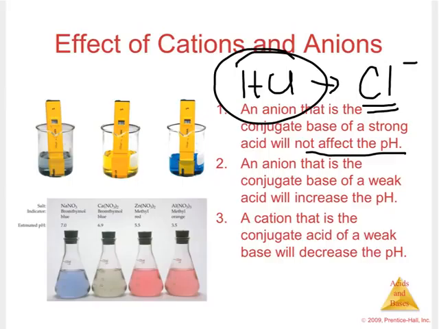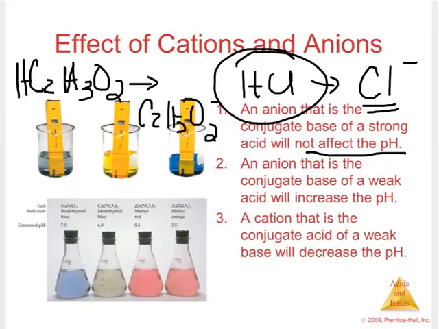The second rule is that an anion that is the conjugate base of a weak acid will affect the pH by increasing it. So let's see, conjugate base of a weak acid. Weak acid, how about acetic acid, whose conjugate base is going to be the acetate ion. And since this is a weak acid, its conjugate base is going to be somewhat stronger, and since it's behaving as a base, the pH is going to go up.